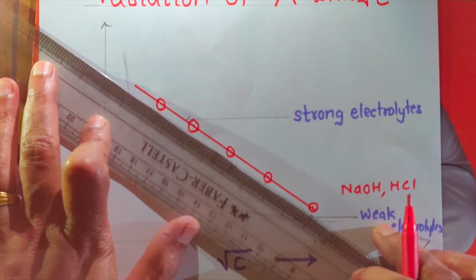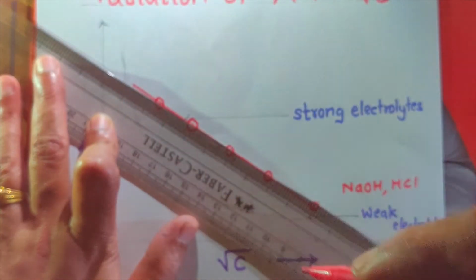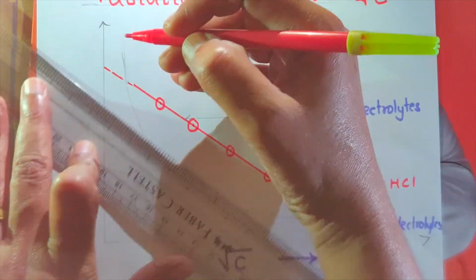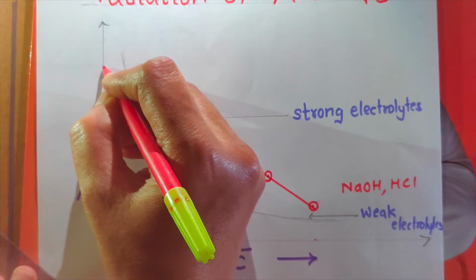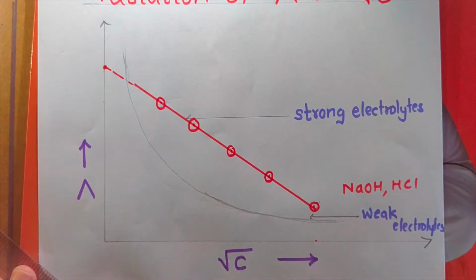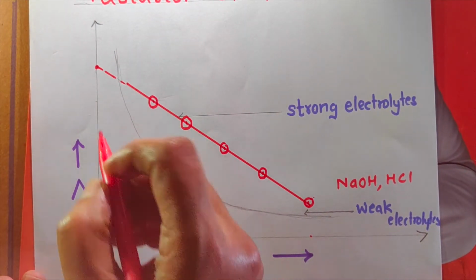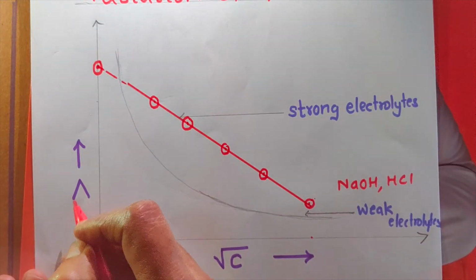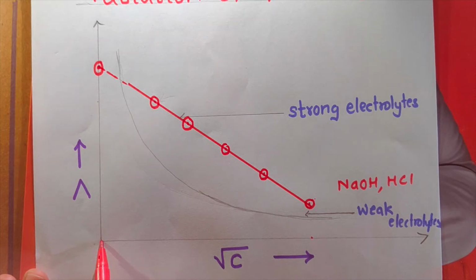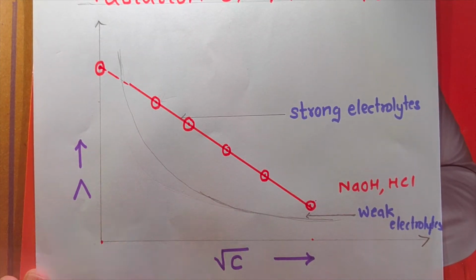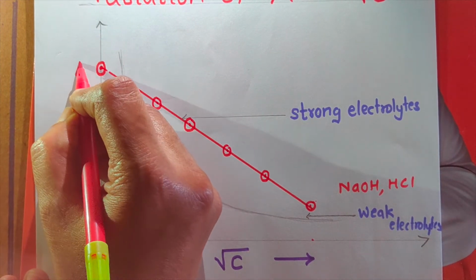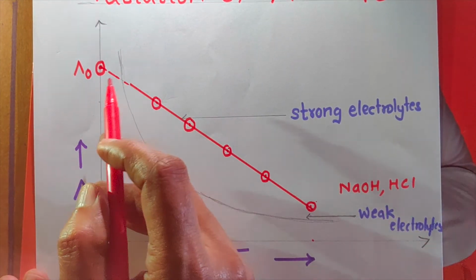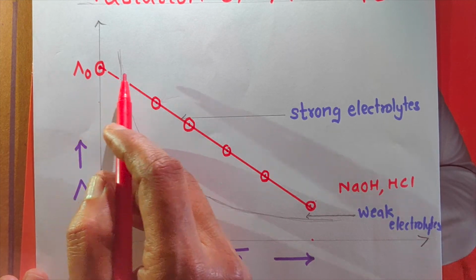But if you extrapolate this line, it will cross the y-axis at this point. This is the value of molar conductivity at zero concentration or at infinite dilution, which is denoted by lambda 0, and is called the molar conductivity at infinite dilution.